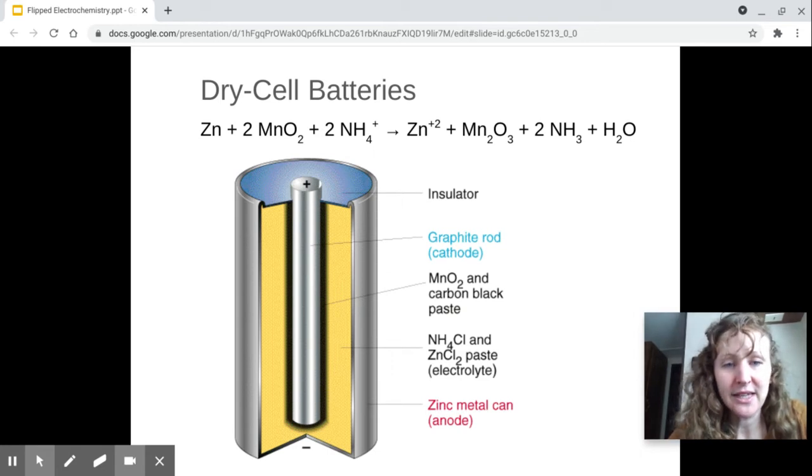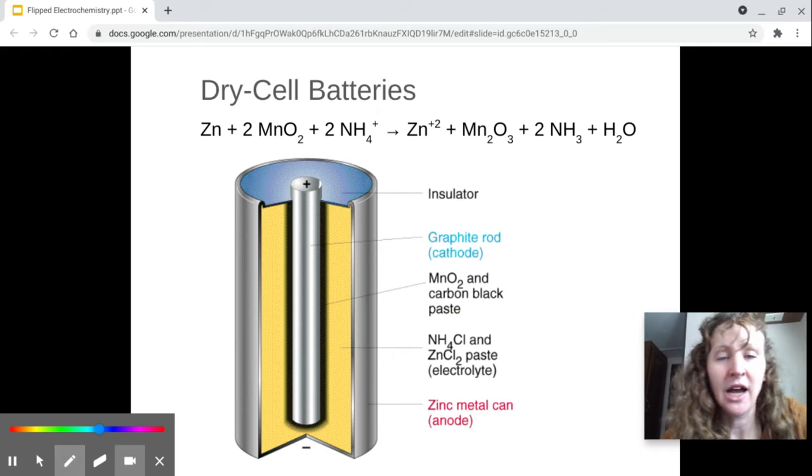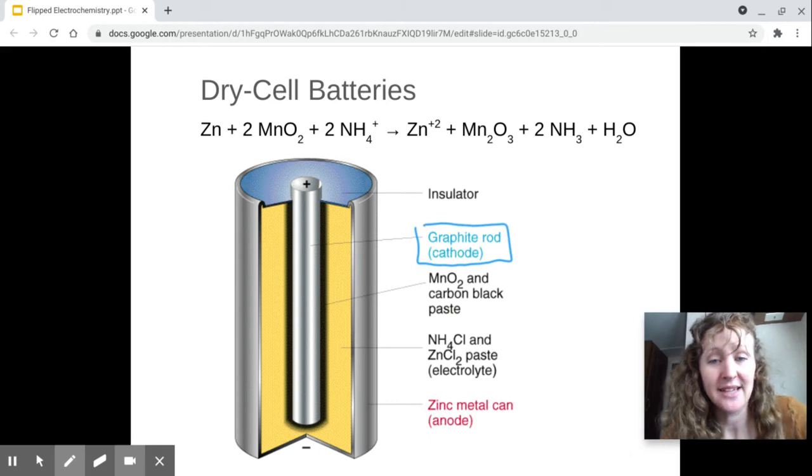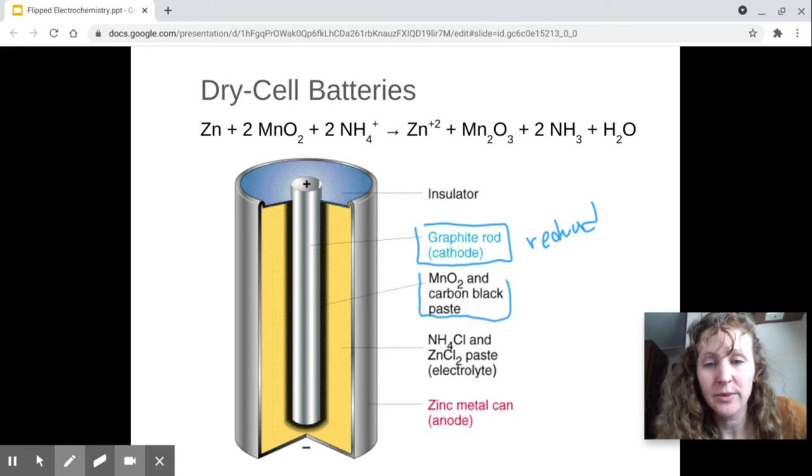Notice that we have an insulator here at the top so that nothing else gets involved with this reaction. We have a graphite rod, and this graphite rod is going to act as the cathode, which is reduced. We have this manganese oxide and carbon black paste in here.